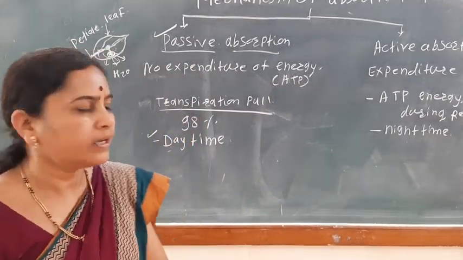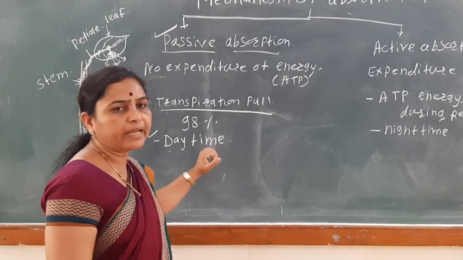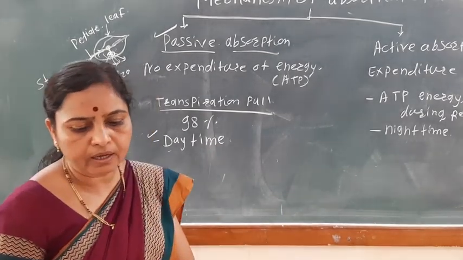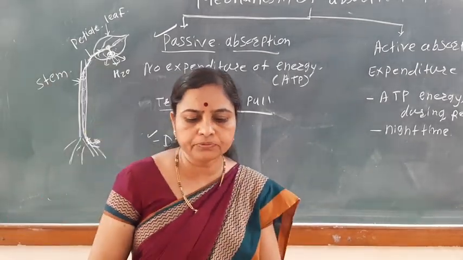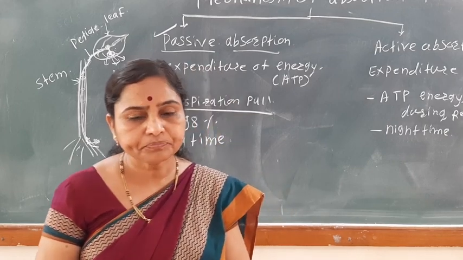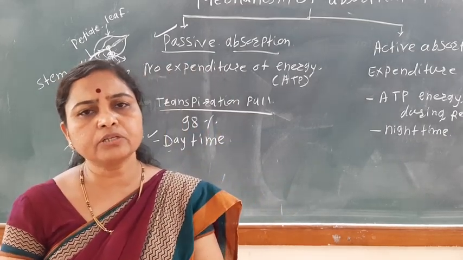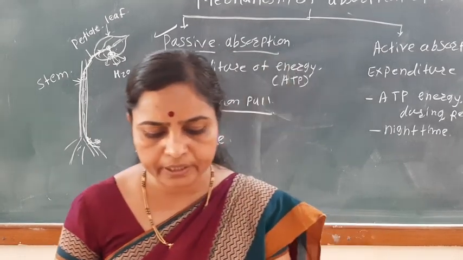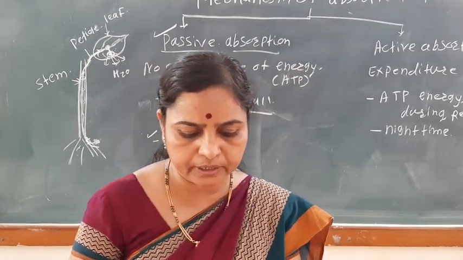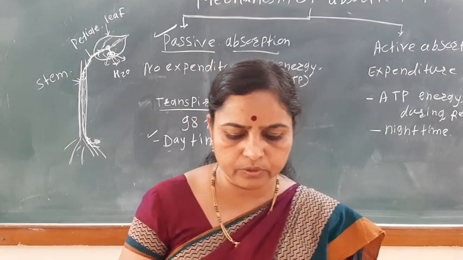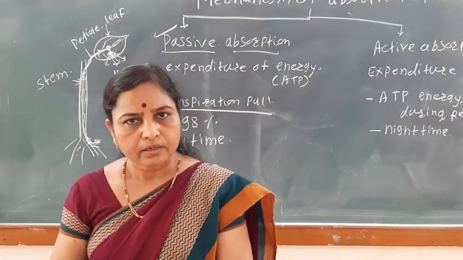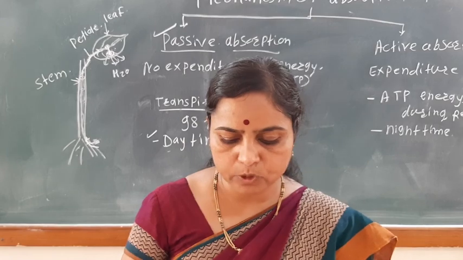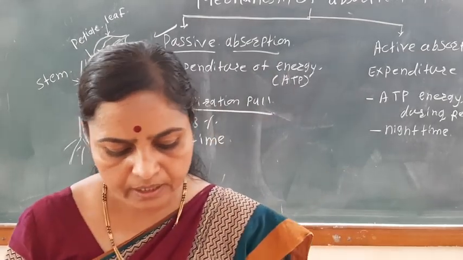Passive absorption does not occur during the night time. It only occurs during the daytime, because transpiration takes place only during the daytime. So passive absorption mainly occurs during the daytime, and active absorption mainly occurs during the night time.